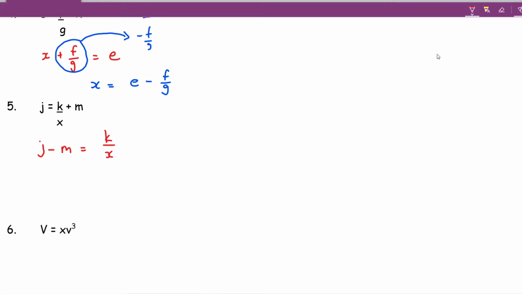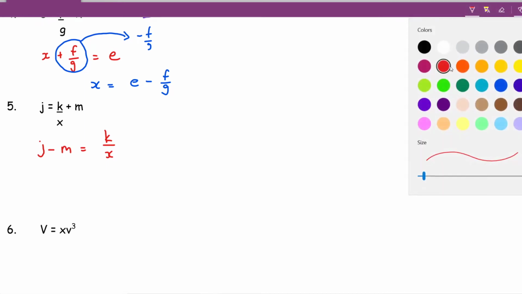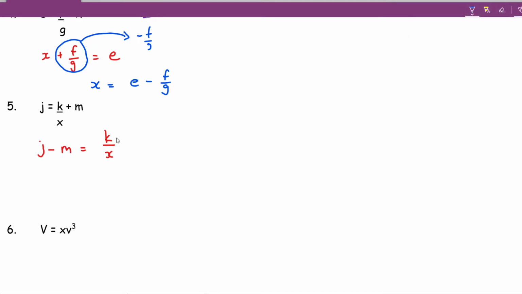Now I could bring this x to the other side. k is being divided by x, so I want to bring it on top, so I need to times it by x. So all this is going to be multiplied by x, so I get x, open bracket, j minus m, close bracket, equals k.